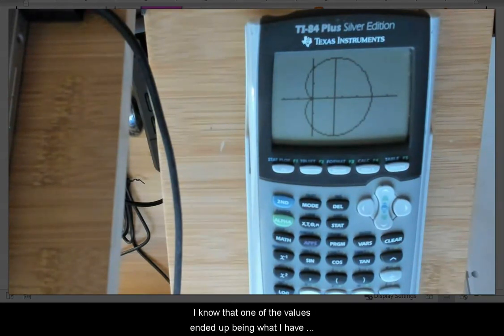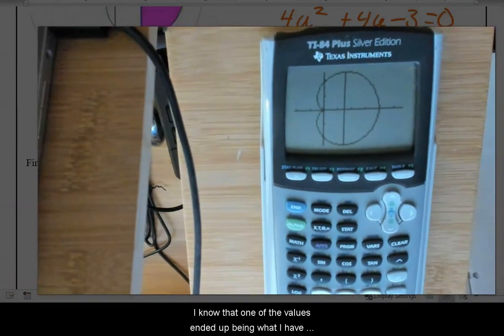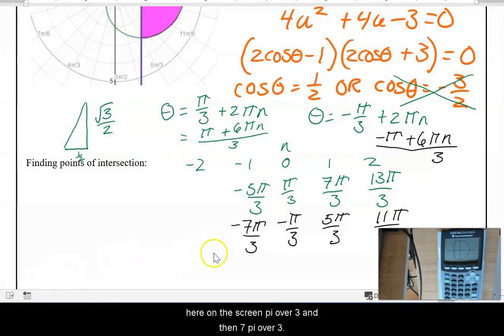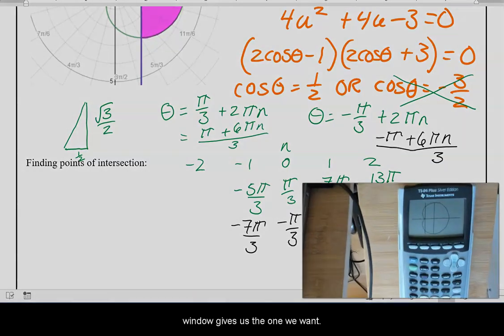I know that one of the values ended up being what I have here on the screen, pi over 3 and then 7 pi over 3. I also had a negative pi over 3. Let's try from negative pi over 3 to pi over 3 and see if that window gives us the one we want.